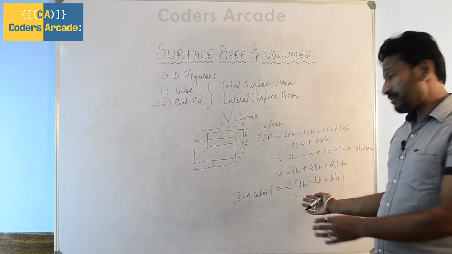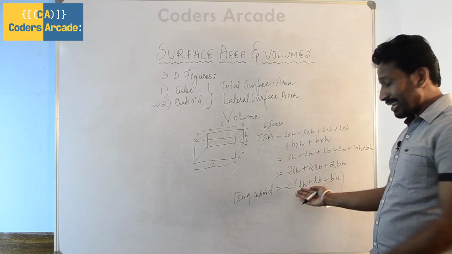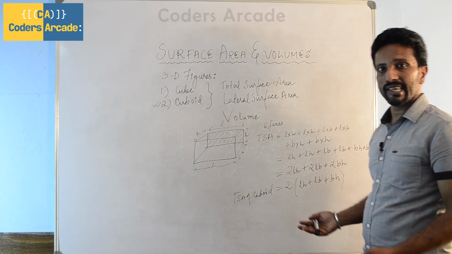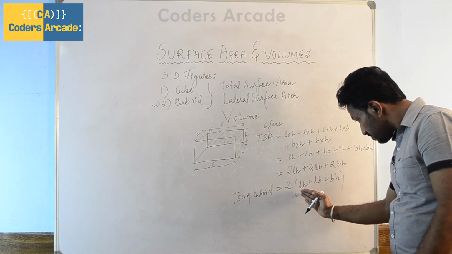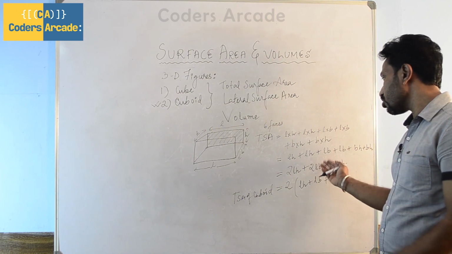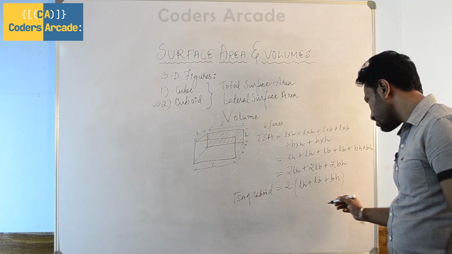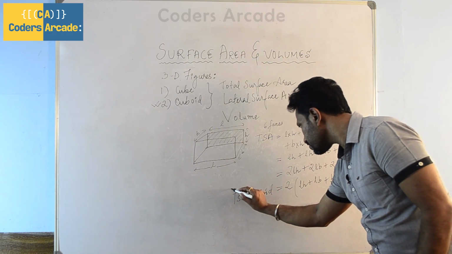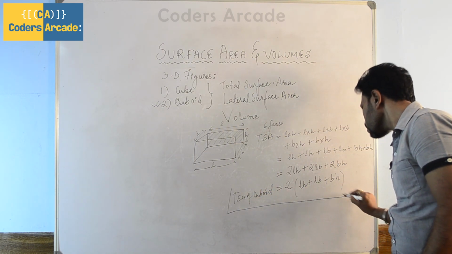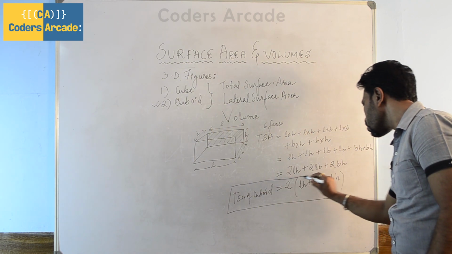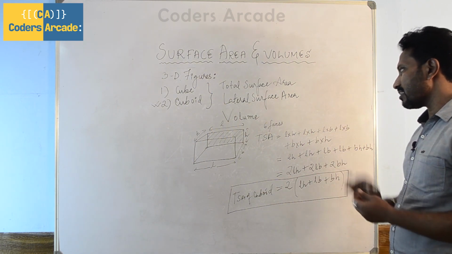You don't have to worry about the order of this. It can be LB, LH, BH, anything. That doesn't matter. But you should remember this logic, how it is coming actually. So finally, we will get it like this. This is the final formula. This is the total surface area of a cuboid.